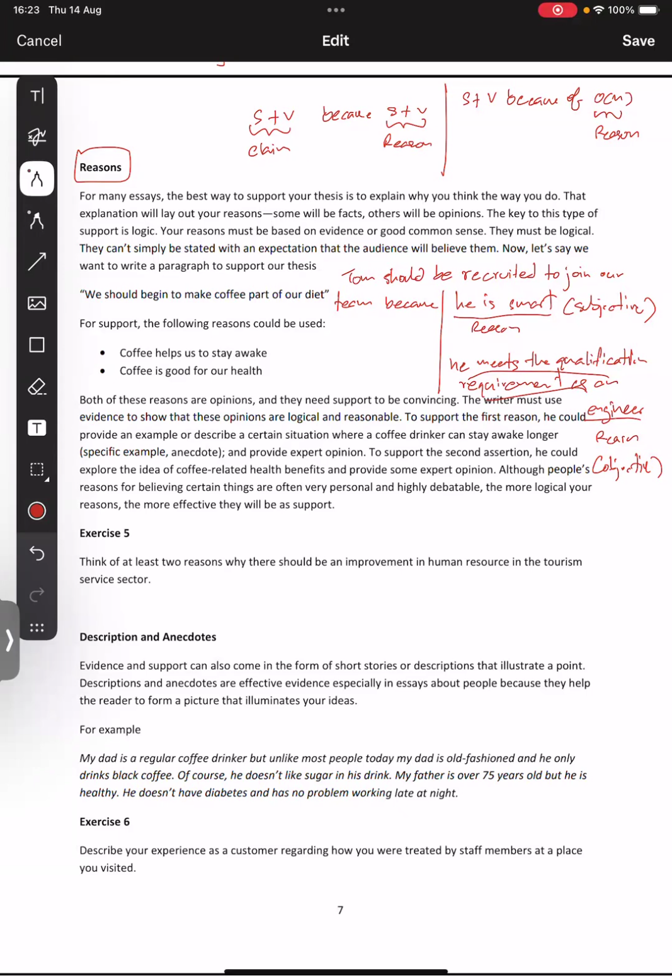Now, it's okay for you to begin with something subjective like John is smart, but if you can prove it, you have a good reasoning technique. For example, if you introduce your theory for judging somebody's intelligence like IQ score, by saying that a person's intelligence can be measured by using intelligence quotient or IQ.